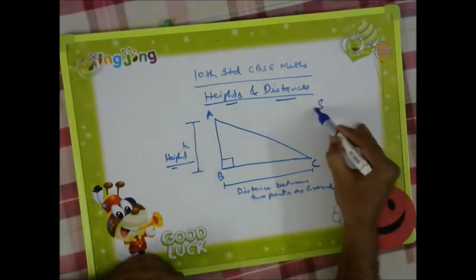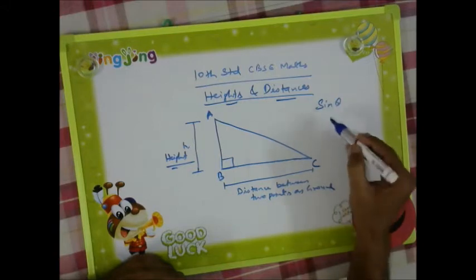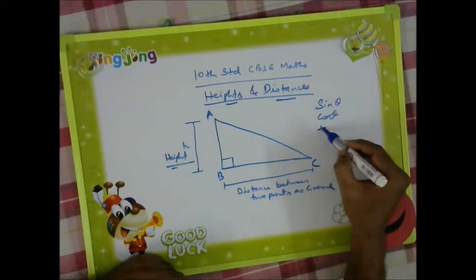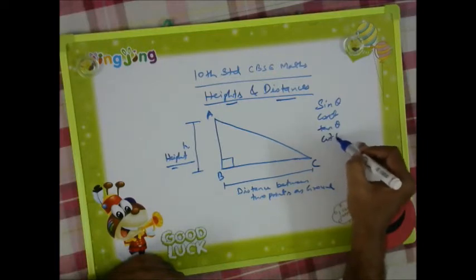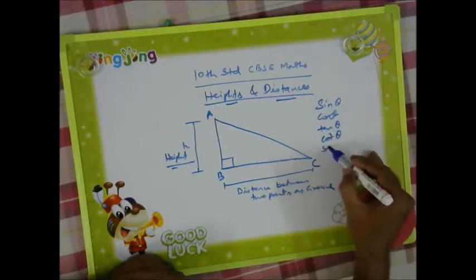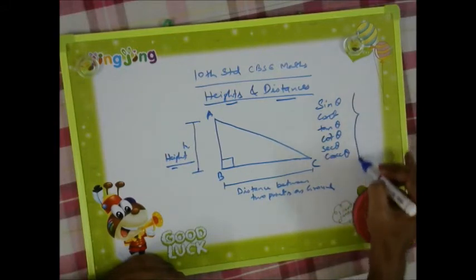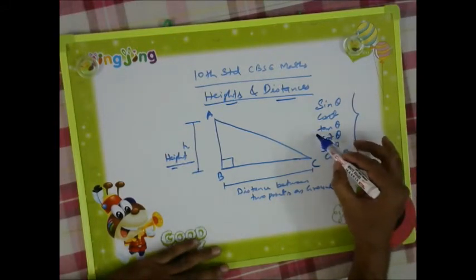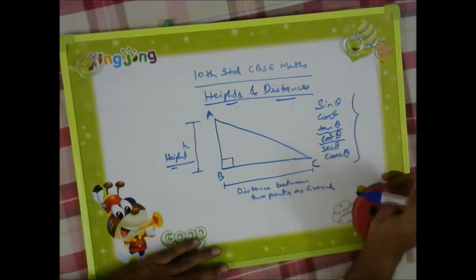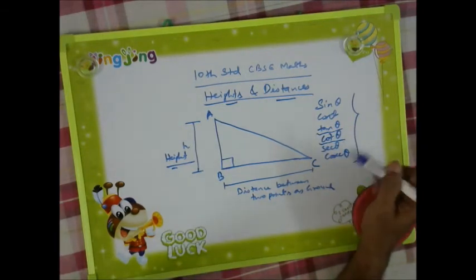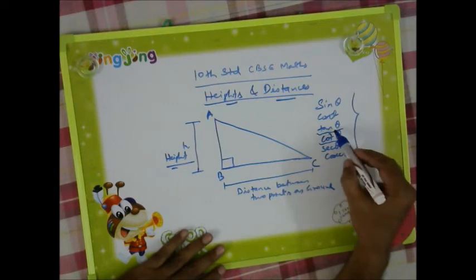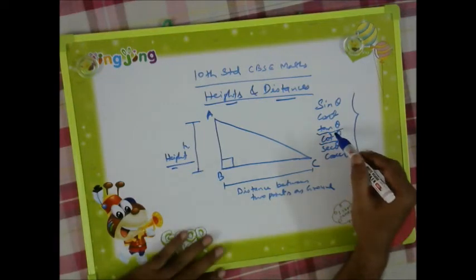And which are the trigonometric ratios? Anyone can be used: sin theta, cos theta, tan theta, cot theta, secant theta, cosecant theta. But mostly tan theta and cot theta are used. In most of the cases, you will find tan theta is mostly used. Why are we using tan theta?